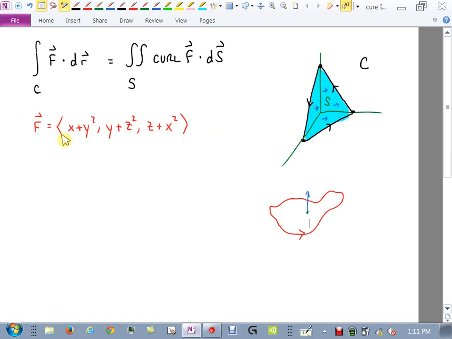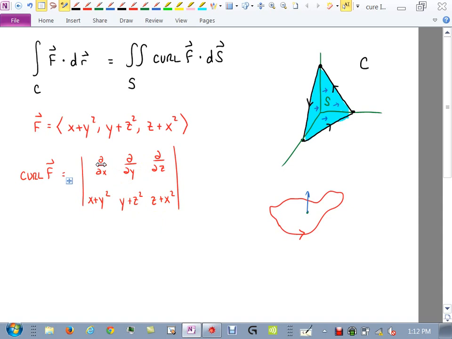So let's start out by getting the curl of F. Just see what it looks like. Curl of F is partial with respect to x, partial with respect to y, partial with respect to z. Remember there's that i, j, k up there? I'm not writing it down. And then I put my pieces in here: x plus y squared, y plus z squared, z plus x squared.